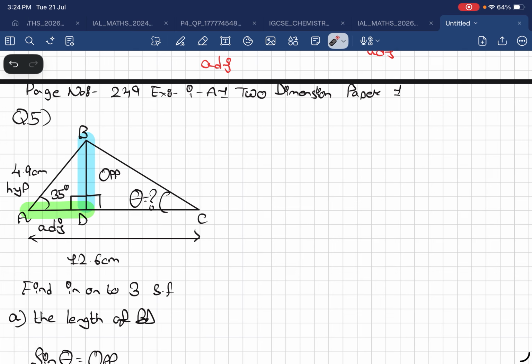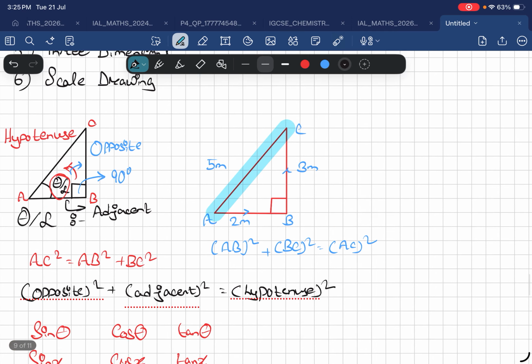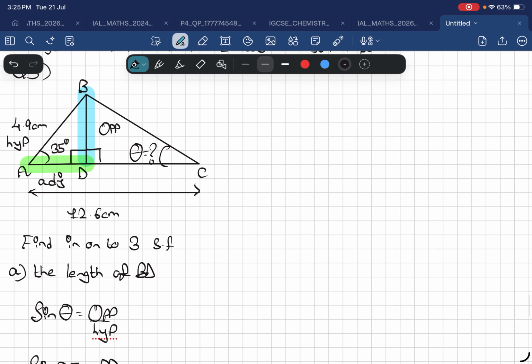So what do we know in this map? We know AC, we know BC. Now this is a very interesting math. You can solve this math by considering this as a whole big triangle.